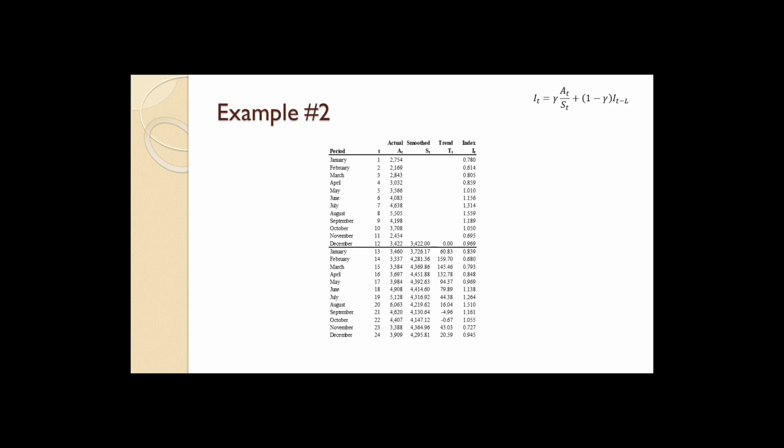I15 equals 0.4 times 3,384 divided by 4,369.86 plus 1 minus 0.4 times 0.805 equals 0.793. I16 equals 0.4 times 3,697 divided by 4,451.88 plus 1 minus 0.4 times 0.859 equals 0.848.